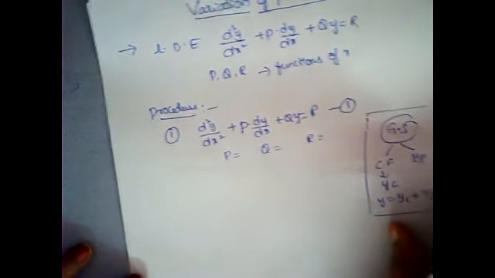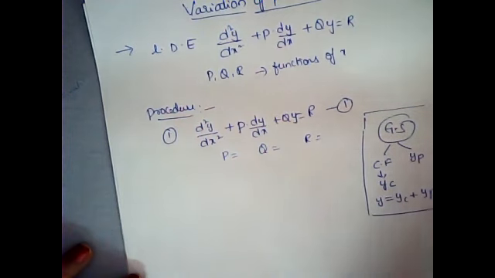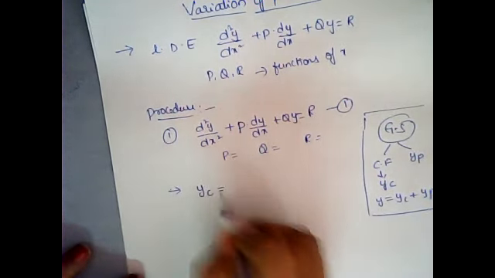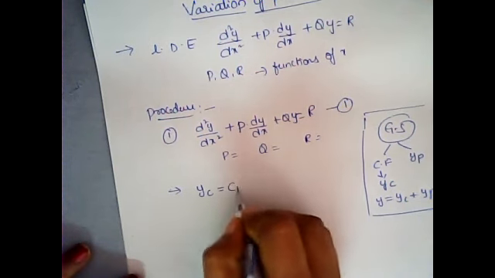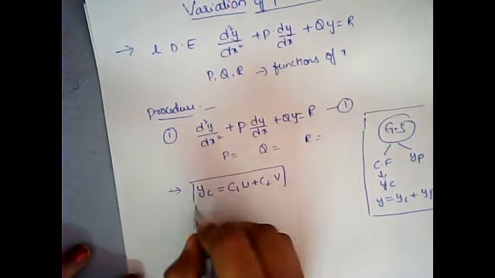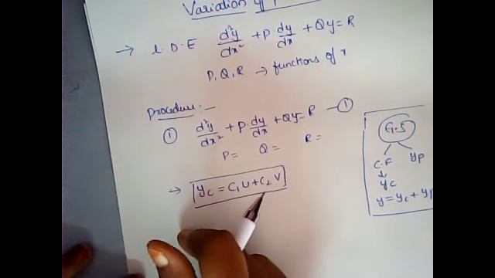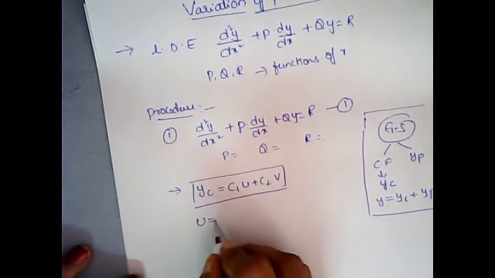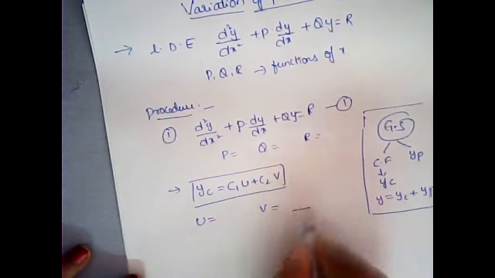But here we will take the standard form of the yc, as yc is equal to c1u plus c2v. But here we will also find out the yc by taking the auxiliary equation and comparing those two. We will get what is the u here and what is the v value.